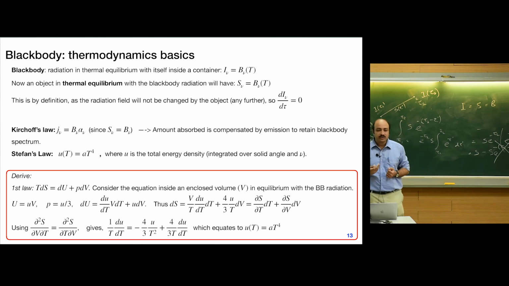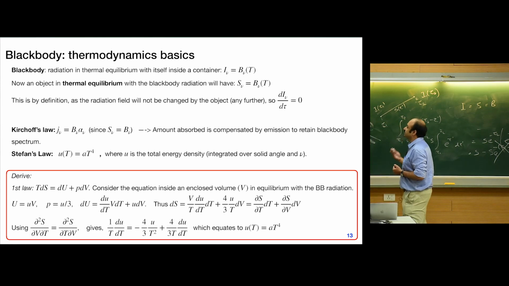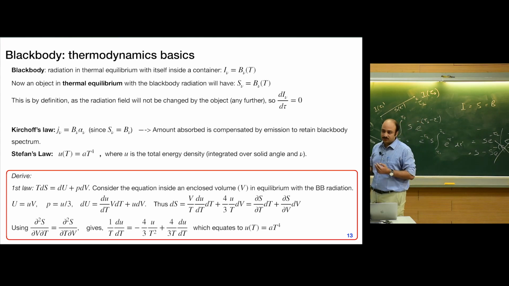So for a black body, the specific intensity of the radiation equals the source function. We know the source function of the optically thick medium because that is a property of the microphysics of the medium itself. And if the radiation is in equilibrium with it, then we have this.